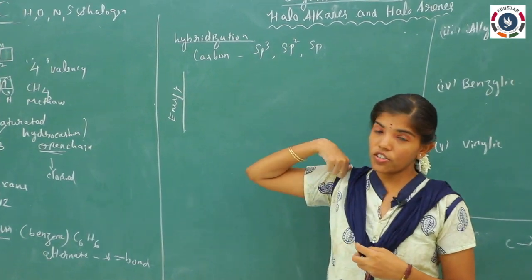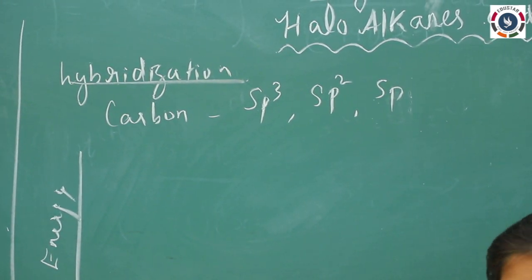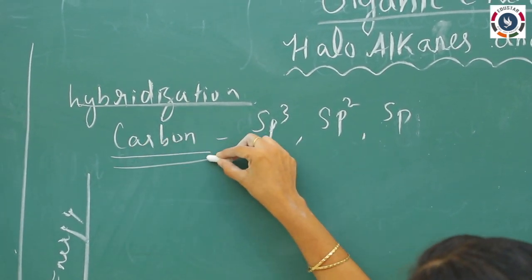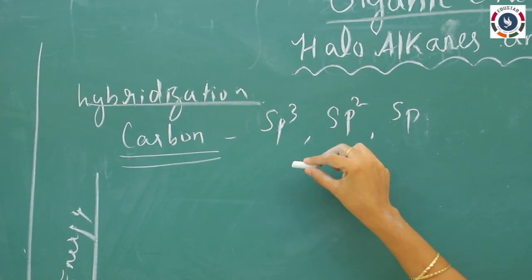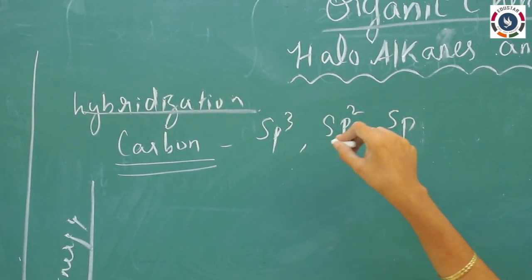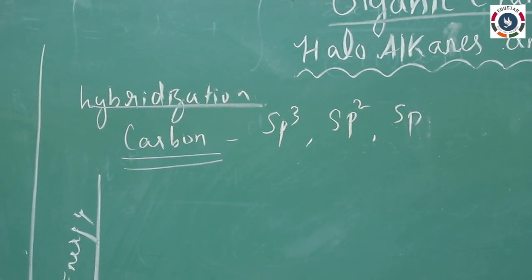Similarly, hybridization is the concept of mixing some of the orbitals to result in some new orbitals. Here carbon can undergo several hybridizations. The prominent hybridizations we should know at this moment are sp3 hybridization, sp2 hybridization and sp hybridization.